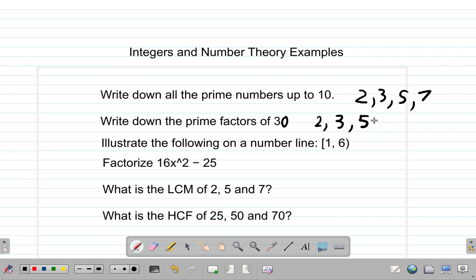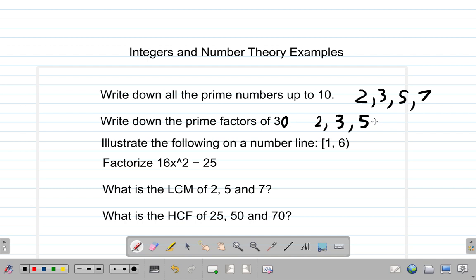7, no, you can't divide 7 into 30 directly. What's the next prime number now? 11 can't work. 11 cannot divide into 30 directly without leaving a remainder. 12 is not a prime number. 13, yeah, 13 is a prime number, but it doesn't divide directly into 30. 14, 15, 16.